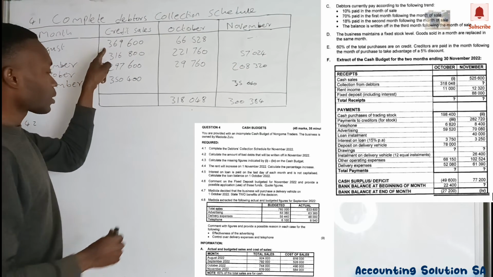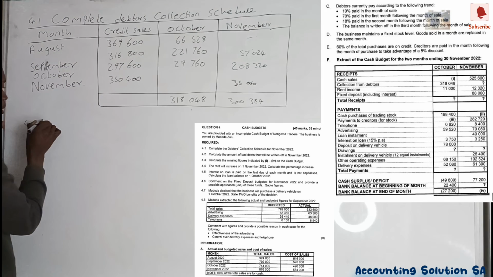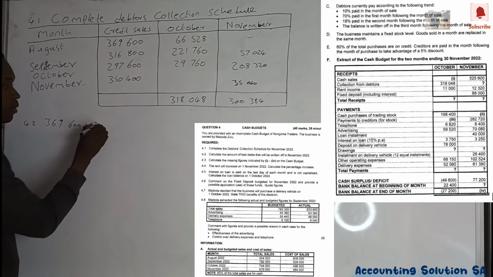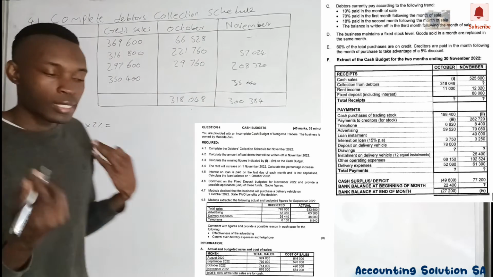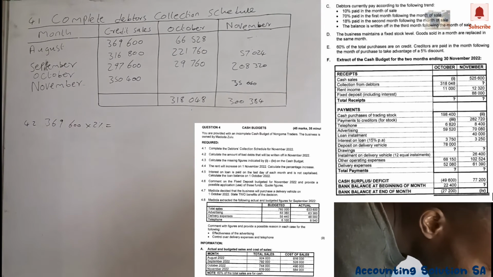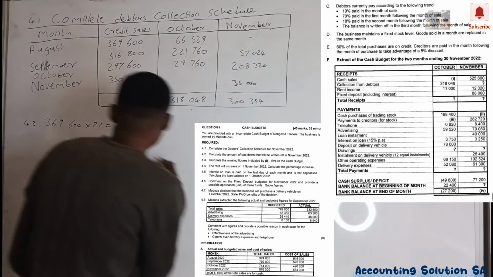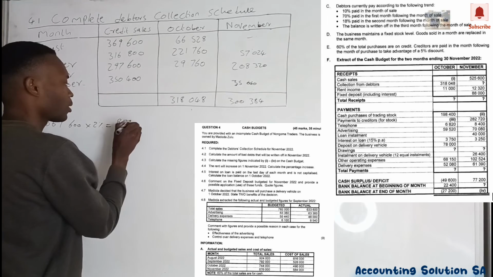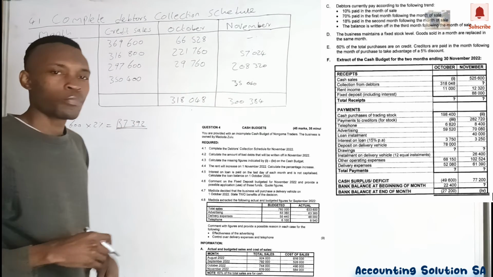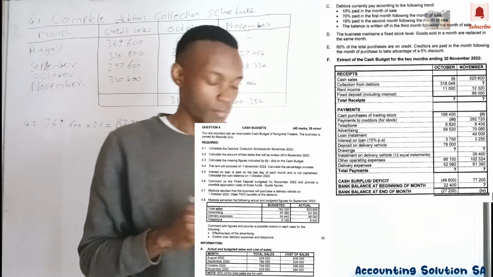You just say 369,600 multiplied by 2% of bad debt, which is going to give you an amount of 7,392. Very simple.